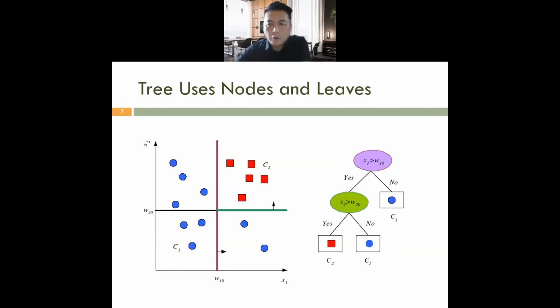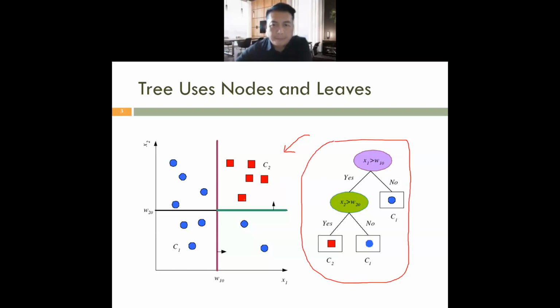If we go for a more complex example, if we look at this diagram, okay, so we have two classes here. The first one is the round blue circle, and the second one is the red square. So how do we separate them? By using the decision tree structure, we would be able to classify them.